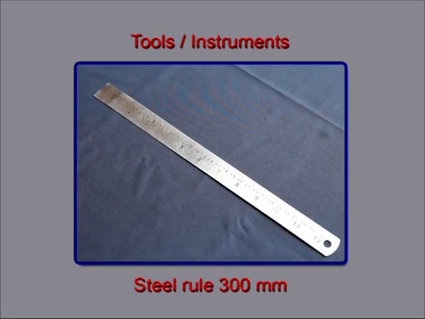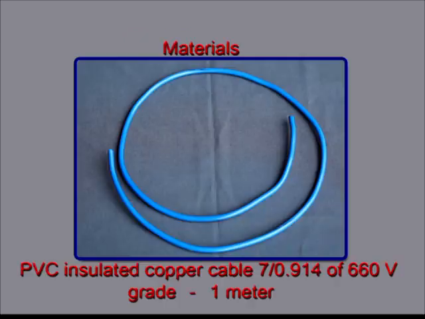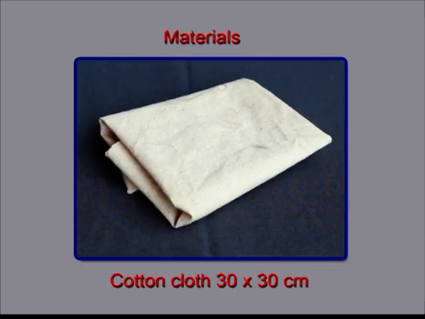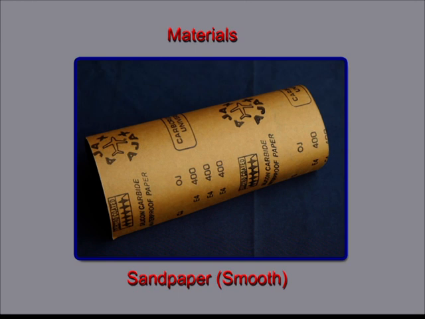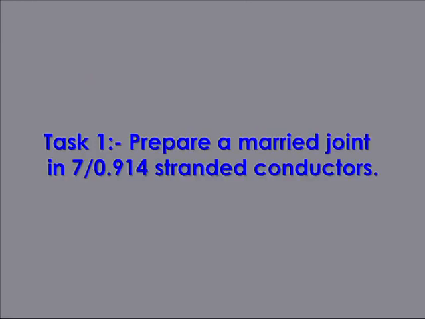Steel rule, 300 millimeters. Materials: PVC insulated copper cable 7 by 0.914 of 660 volt grade, 1 meter. Cotton cloth. Sandpaper, smooth, 1 sheet.